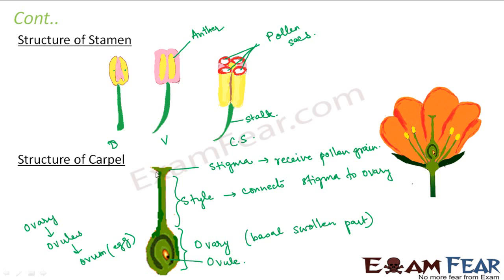So that means the pollen grain has to reach this egg. So it has to reach inside the ovule which is present inside the ovary. So first the pollen grain will reach the stigma, then it will travel through the style, and then it will reach inside the ovule. So this is the male and the female reproductive structure in a plant.